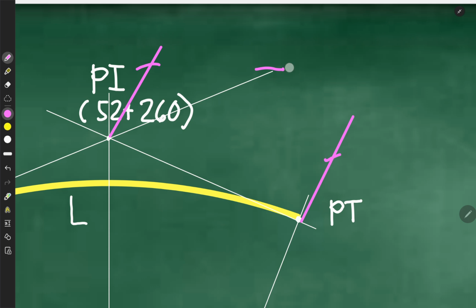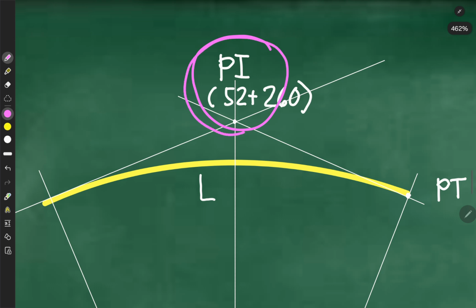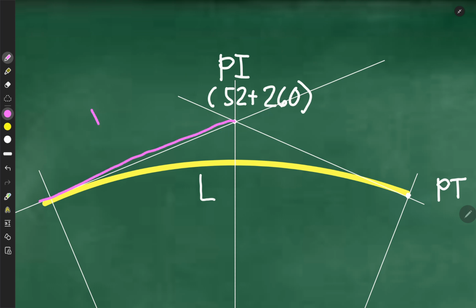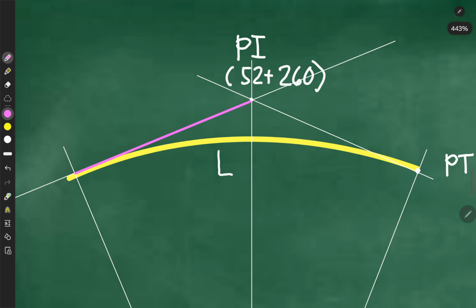So the proper way to solve for the stationing of PT: first, stationing of PI, then back to this, this is our T. I mean, it's not plus, we minus T so we can go back to PC.